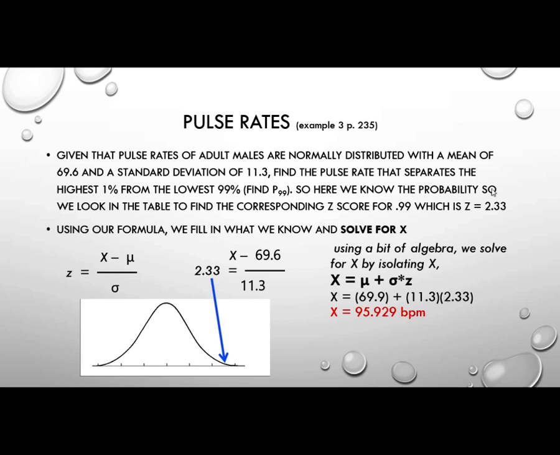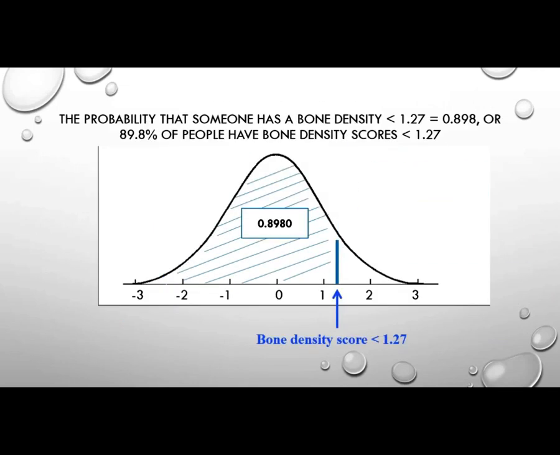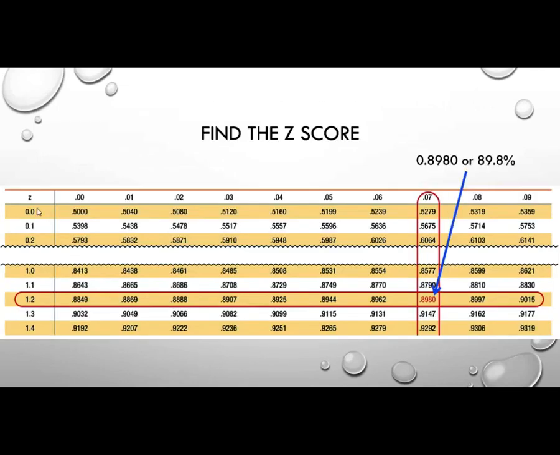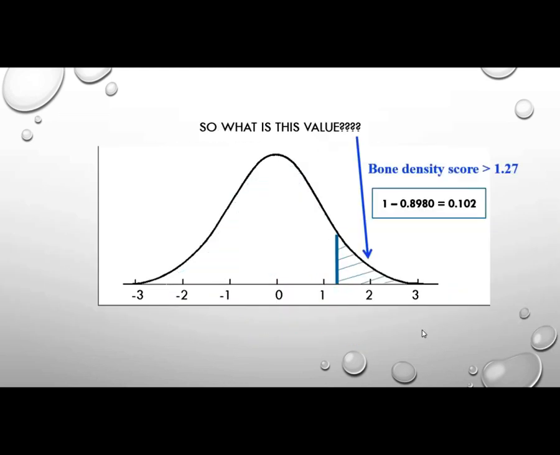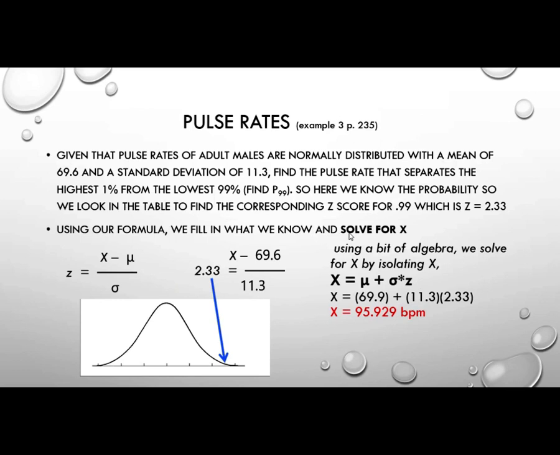Here we know the probability, so we look in the table to find the corresponding z-score. Instead of looking for the z-scores, we're going to look in the table for the one that says 0.99, and then find the corresponding z-score, which we found is 2.33.